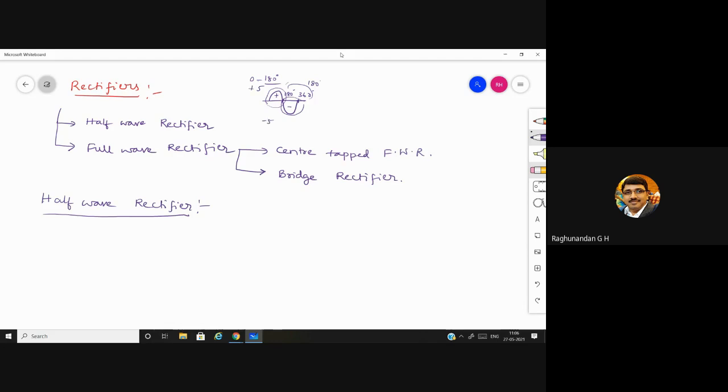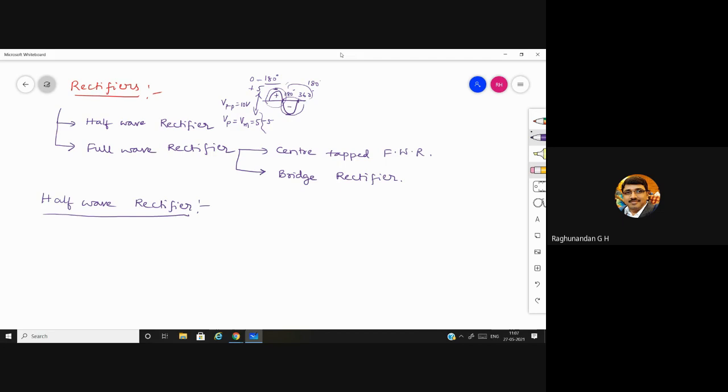So peak to peak voltage, from this peak to this peak, is 10 volt. If we just take the peak voltage, also represented as Vm, it is 5 volt.